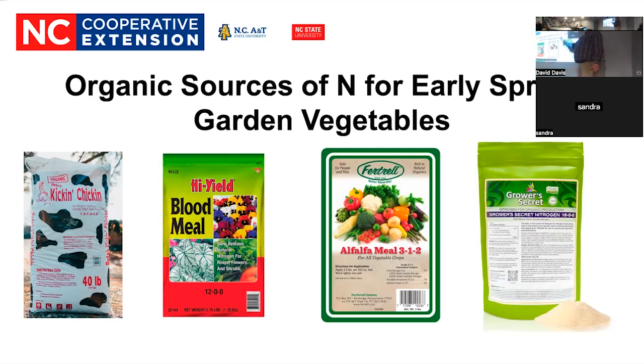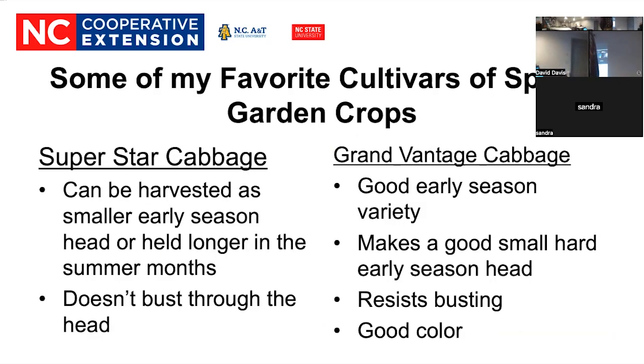NC State hasn't done research on all of these, so the information we have is quite limited. But they're out there. I always follow the label directions on these products. Somebody has researched it enough to give you a recommendation on that label and give you instructions. Any questions on amendments before I move forward?